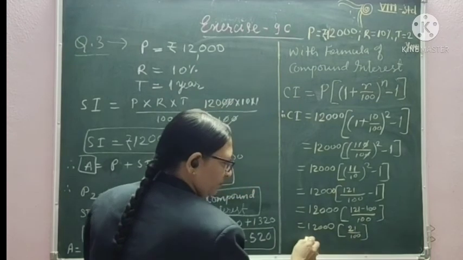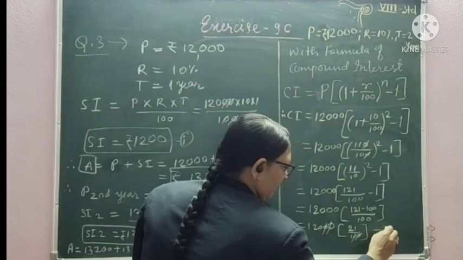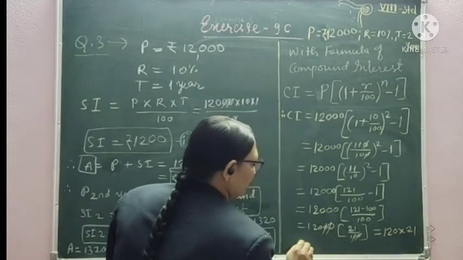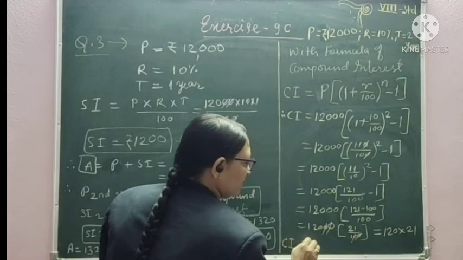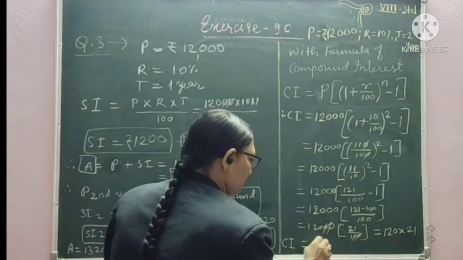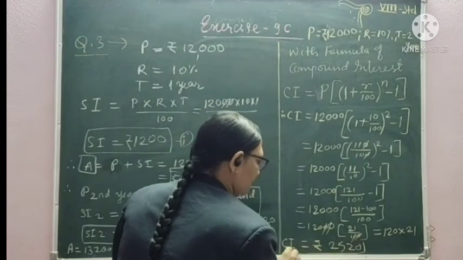Now here 0 cancels. So we have got 120 multiplied by 21. So final step, compound interest is equal to 120 multiplied by 21, which is nothing but 2520 rupees.